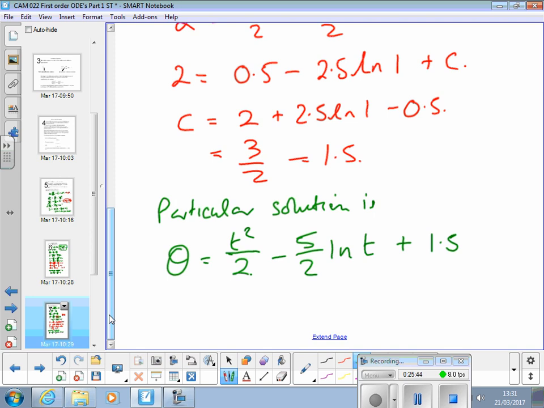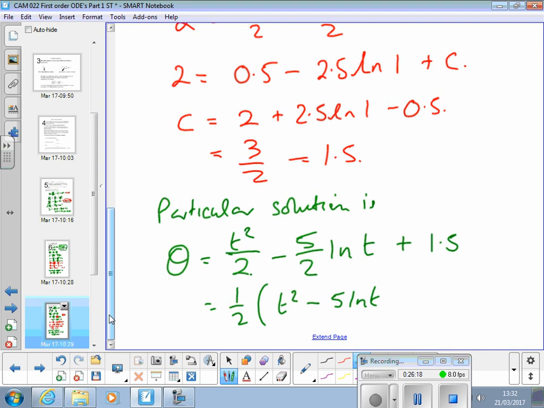And then what he's done here, my old friend Mr. Bird in the book, is taken a half. There's a half as a common factor to those two terms. So he's taken a half outside some brackets and put t squared minus 5 ln t, and he's also put the 1.5 in brackets.